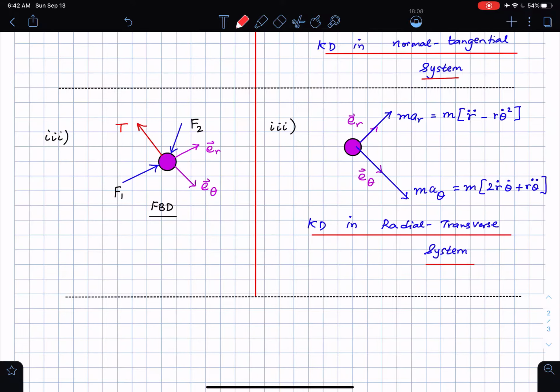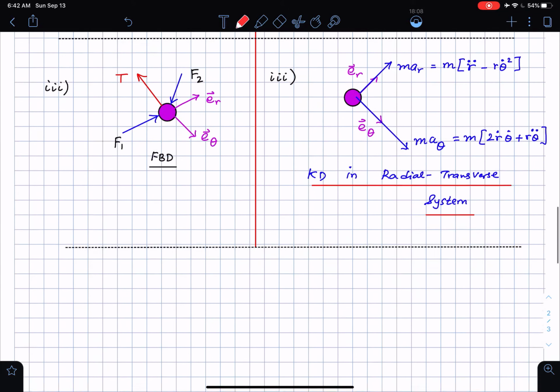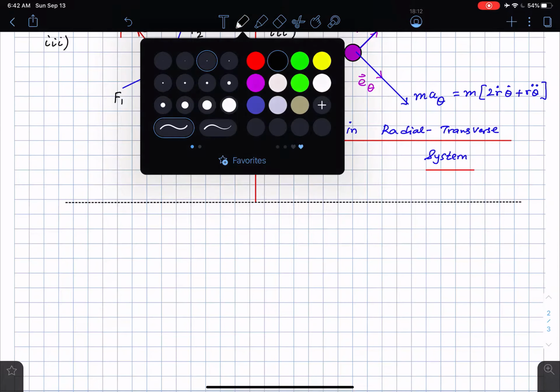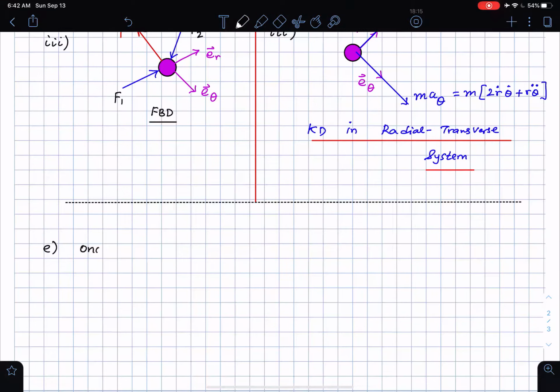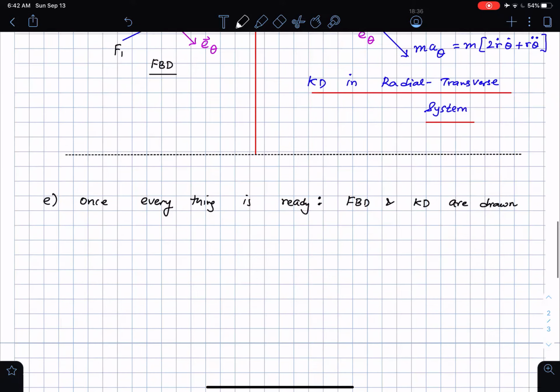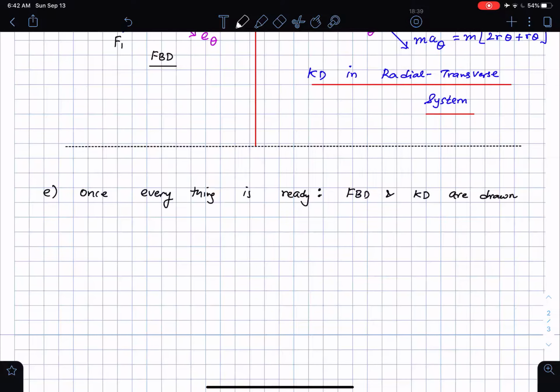Then once you do everything, I was on step D, so I'm going to go to step E. Once everything is ready, that is, once we have drawn the free body diagram and the kinetic diagram, then you make use of Newton's law.